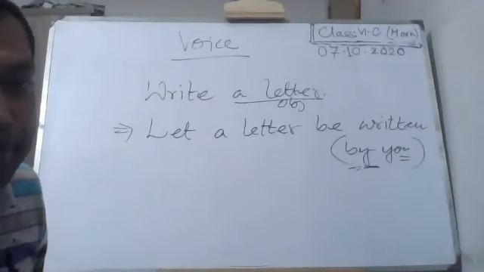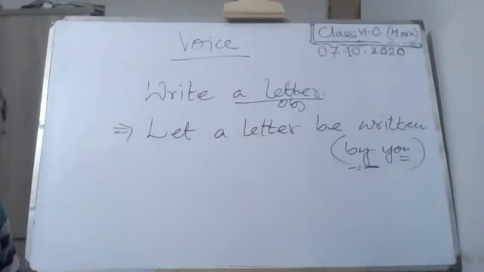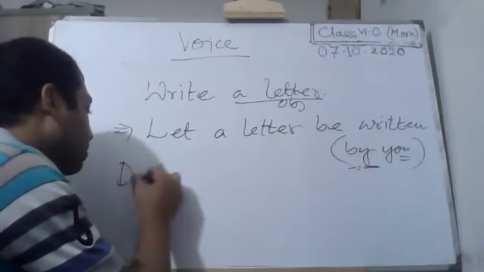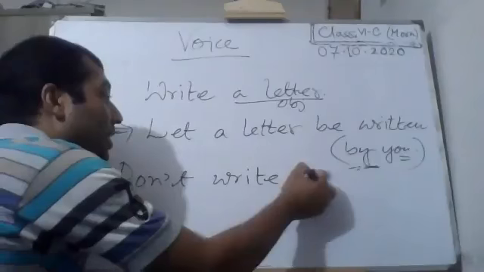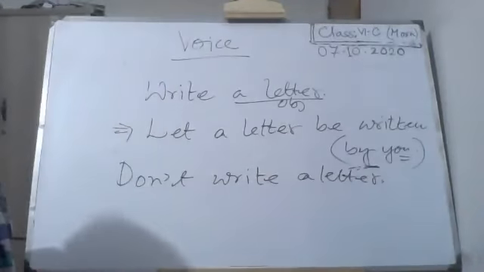Okay, sir. So this is an imperative sentence. Now if I want to make a passive of an active sentence when the active sentence is negative, for example, don't write a letter, this is also an imperative sentence.